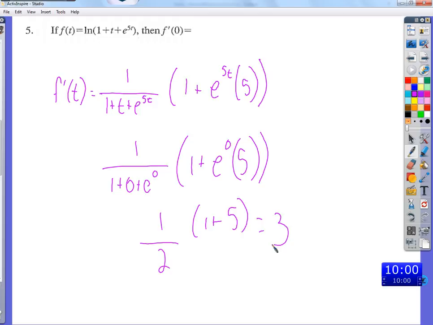The ones that are numbered, let's say lower than 70 in this packet, would be ones you would be expected not to use your calculator on. Did you use your calculator? No, I didn't. So they work out fairly nicely.